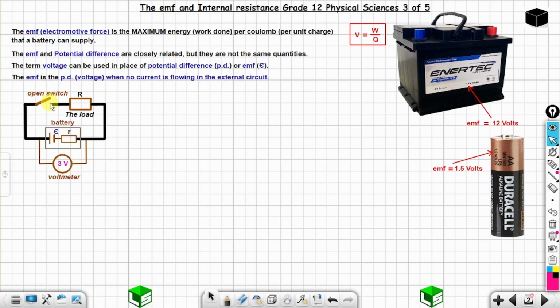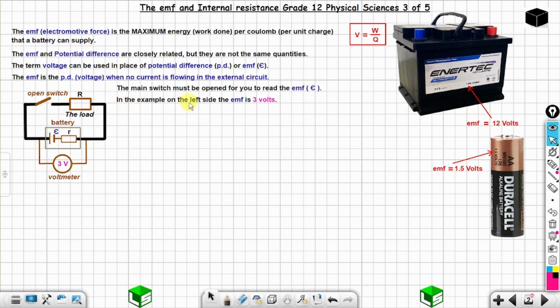If you use a voltmeter across the battery, you are going to read the EMF. The main switch must be opened for you to read the EMF. Now with your voltmeter across a battery, you can read the EMF.